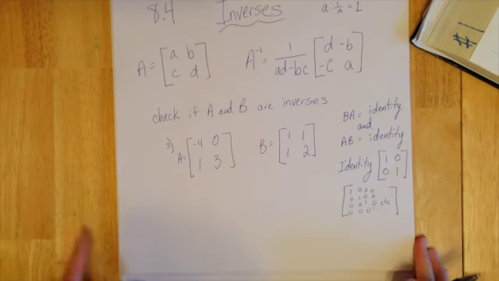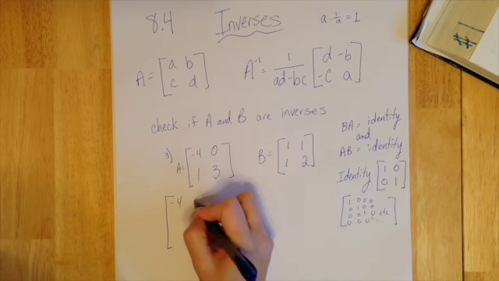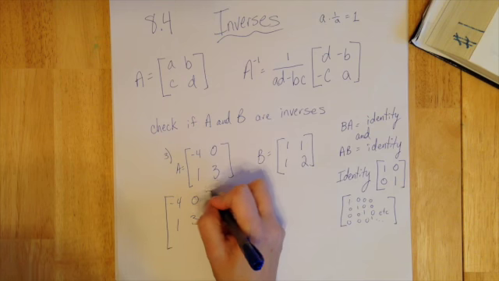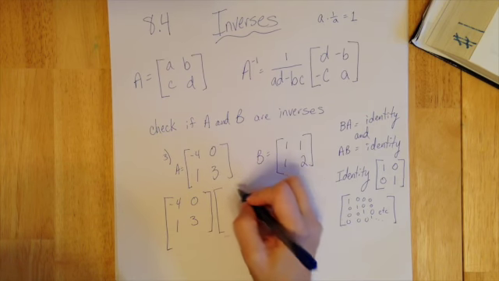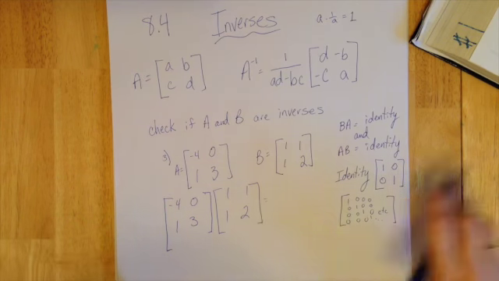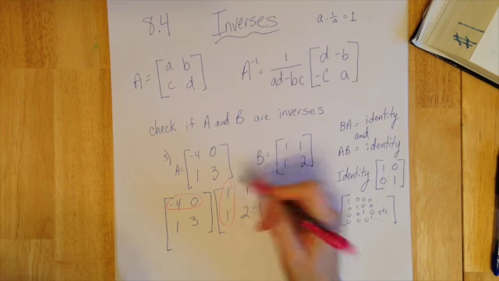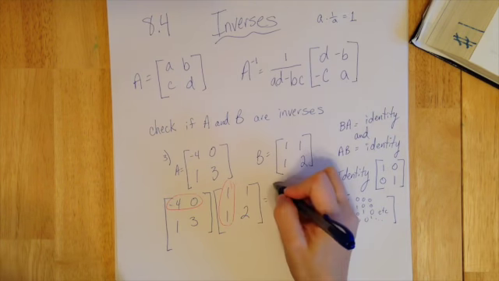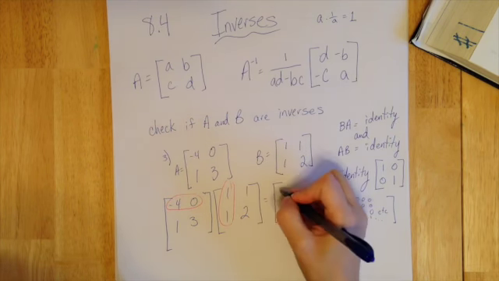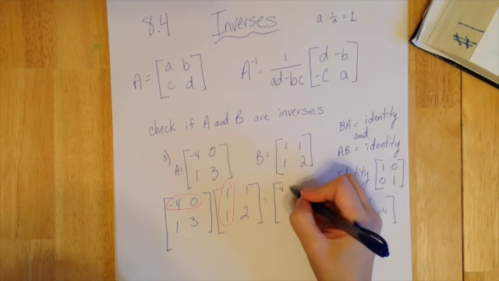So multiplying our matrices, starting with A times B, we're going to get first row times first column, which is negative 4 plus 0.